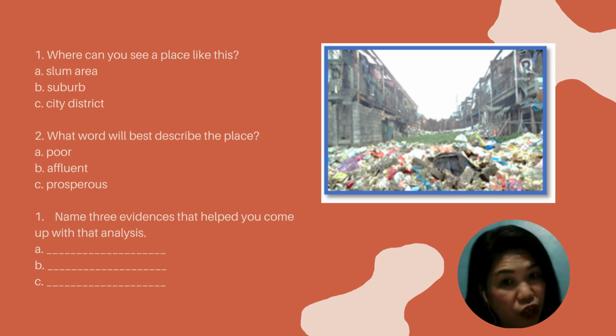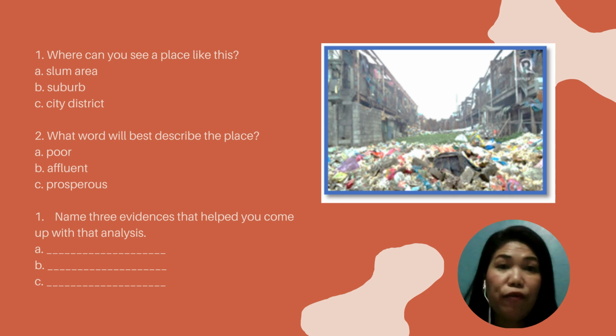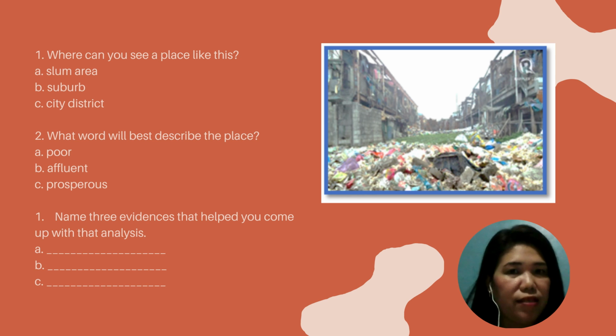A. Poor. B. Affluent. Or C. Prosperous. Next, name 3 evidences that help you come up with that analysis. So you will write your 3 evidences in letter A, B, and C.